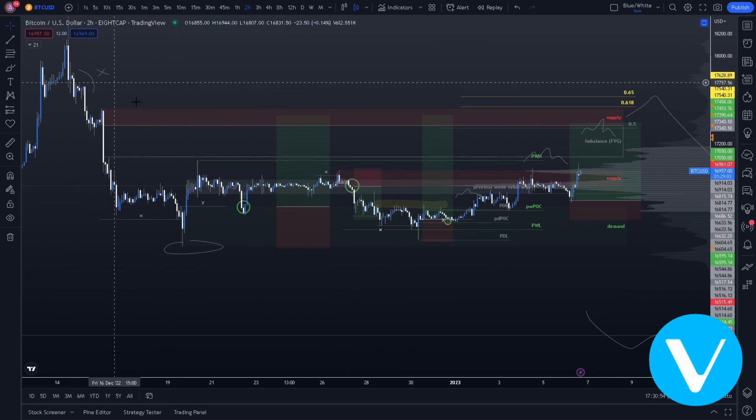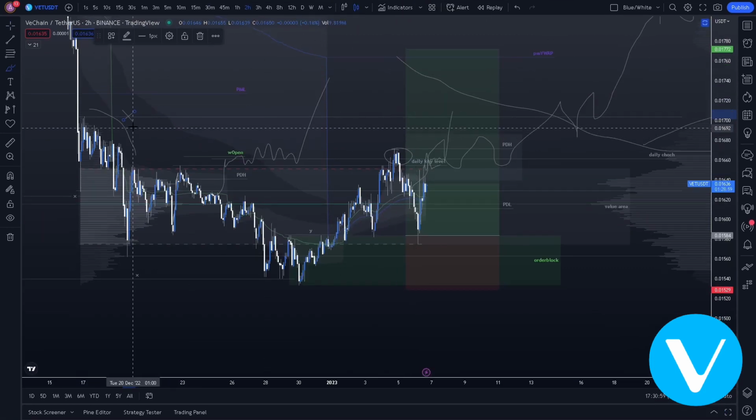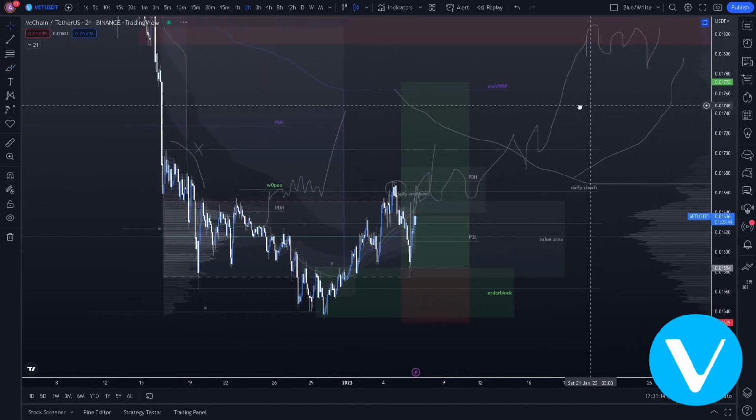Bitcoin has weak highs up here as well, and I believe these will also get taken out. Same thing with Vechain. We've got some weak highs right here, and I do think these will get taken out eventually. That's also in line with my theory of price coming up here to reclaim the value area high and get a daily candle close above this daily key level that we need to close above to get some bullishness for Vechain.